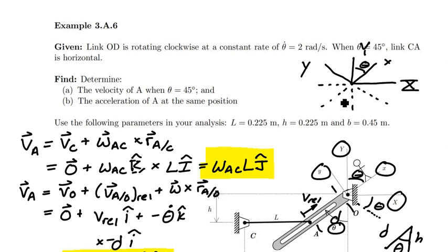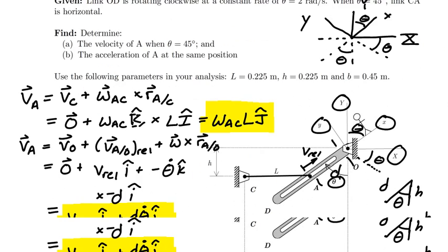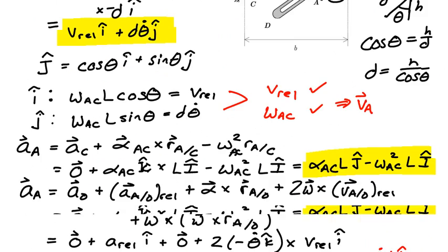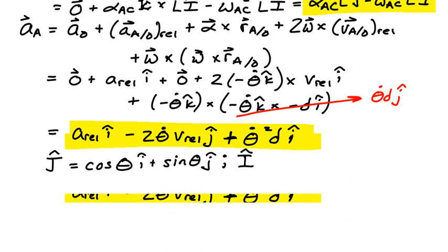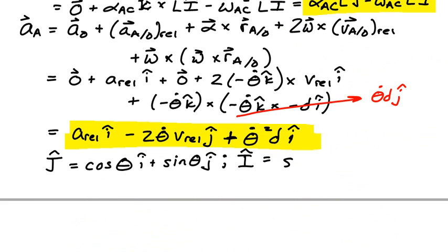Then I know this angle here is theta, which means, of course, that this angle right here is also theta. So if I want to project the capital X onto the other two axes, it's equal to the sine of the angle theta in the little i, minus the cosine of the angle theta in little j.